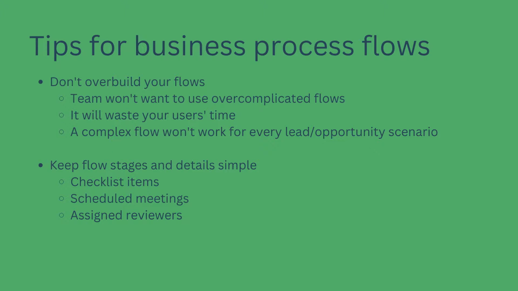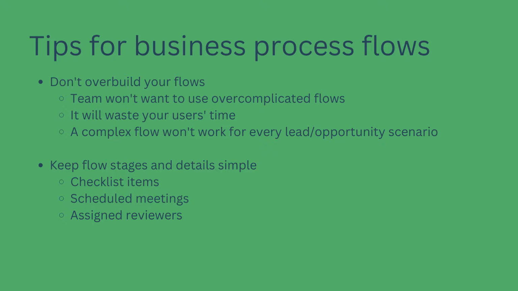So we want to think about keeping these stages brief, only putting in the most important details that they need to collect and walk through. You should think about these more like checklist items. You've done this, you've done that. You have scheduled a meeting.